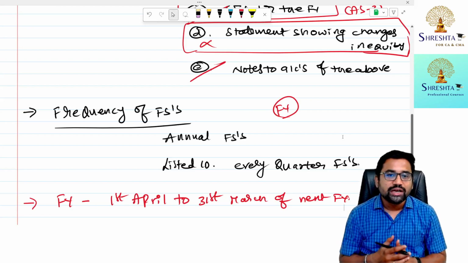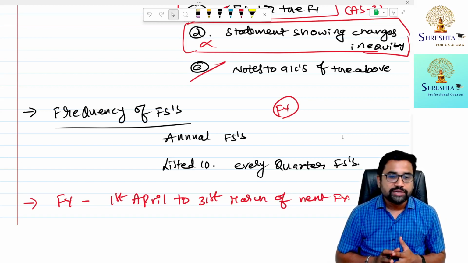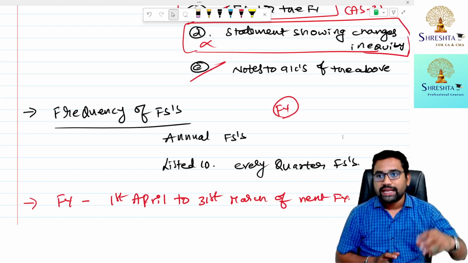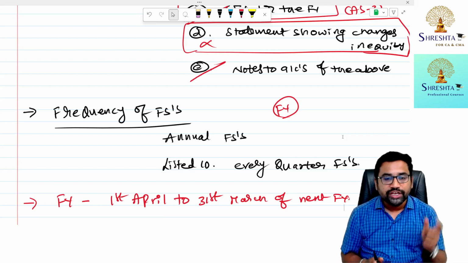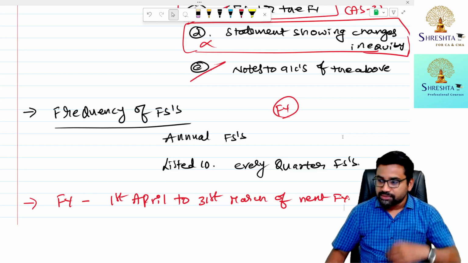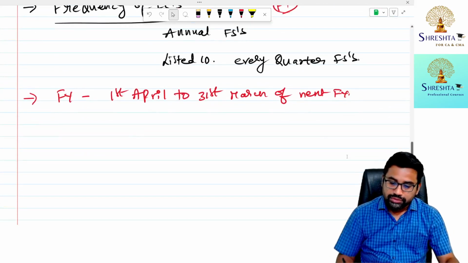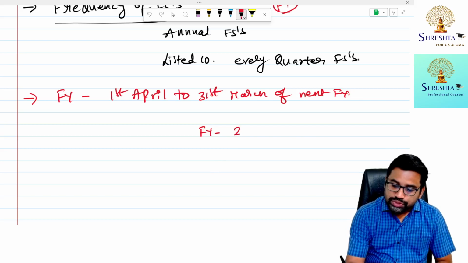So that's why companies will follow this. Companies generally will prepare their financial statements, for example, balance sheet as on 31st March and P&L account for the financial year. Suppose right now the financial year may be 2023-24.